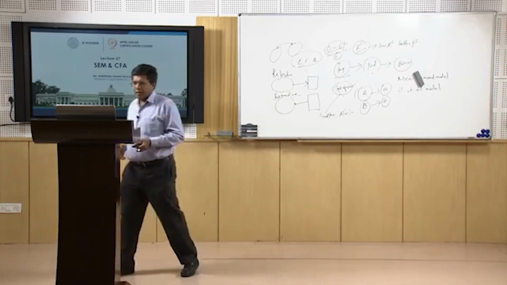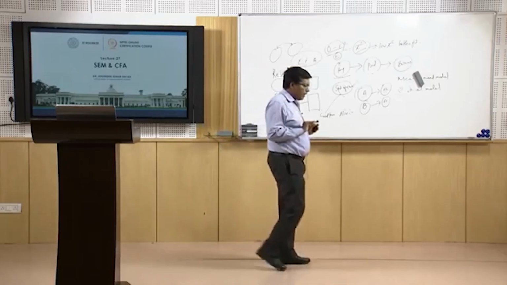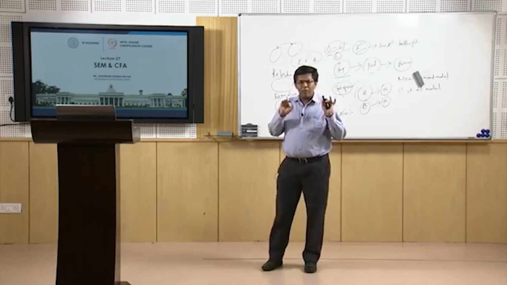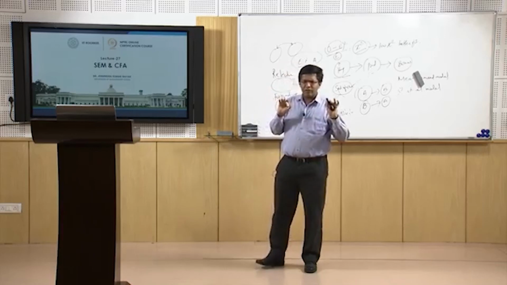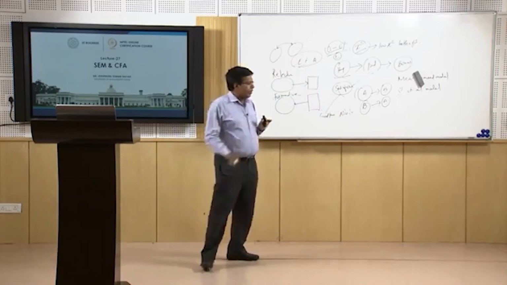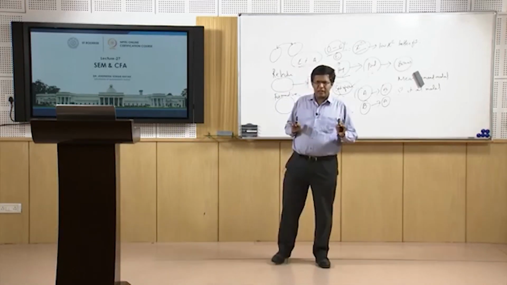Okay. So, what we will do is we will start now. Once you have understood these basics, then first we will get into the measurement model. The two parts of it are the measurement model and the structural model. In the measurement model, what we talk about is the confirmatory factor analysis, right.